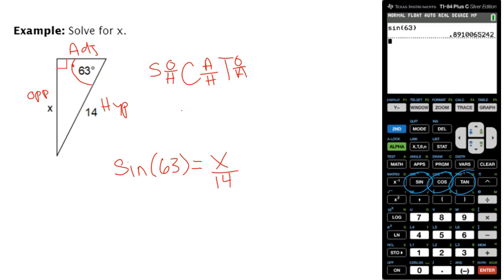So when we do sine of 63 in our calculator, you can see it gives us the value of that ratio. It tells us it's 0.891 and then a whole bunch of digits after, 006 and so forth. So we can do a few things. We can put that in our calculator and substitute it, or when we solve, we can keep it as sine of 63 and just evaluate at the end.